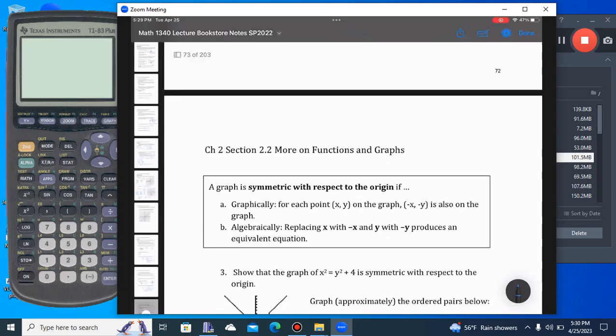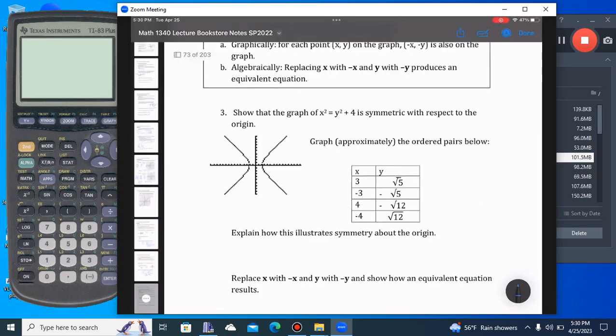Now, when it comes to the origin, okay, we're looking at this as the y equals x being a mirror kind of thing in a sense. It's symmetrical across the y-axis or the origin itself. It's kind of like a double mirror. So y equals negative x is also kind of the mirror that shifts it twice.